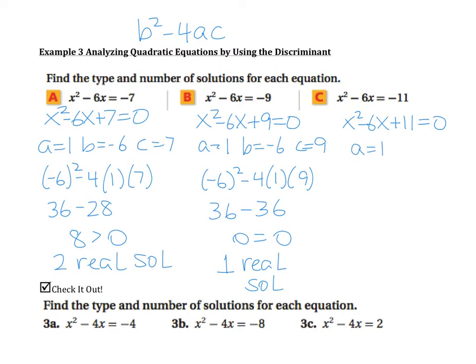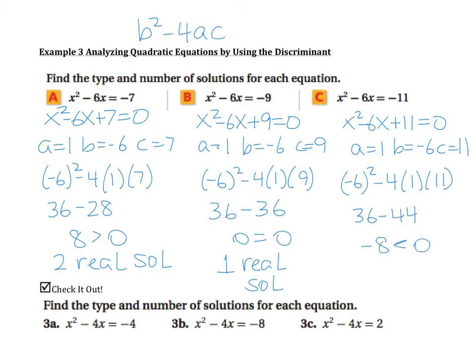In this case, A is 1, B is negative 6, C is 11. So B squared minus 4 times A times C, and negative 8 is less than 0, so you're going to have two non-real or complex solutions.